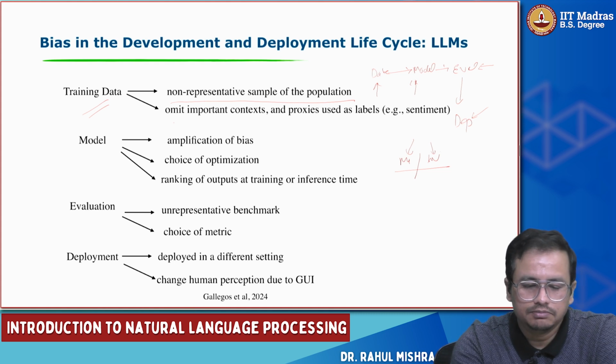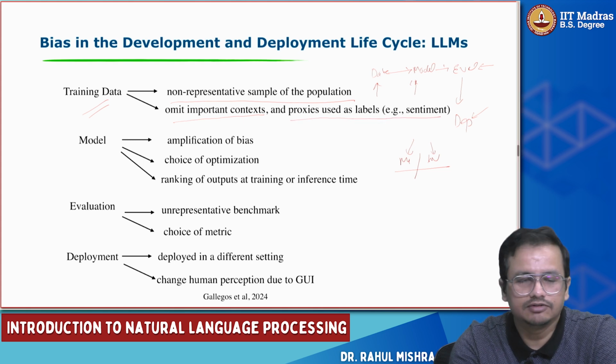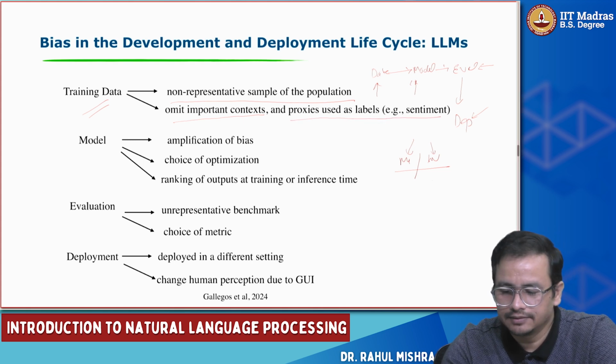Other problems could be omitting important context or proxies used as labels. So, say, sentiment, right? Rather than utilizing the factual information to label the data, you are using some sort of proxy, let's say sentiment, as a fact, right?